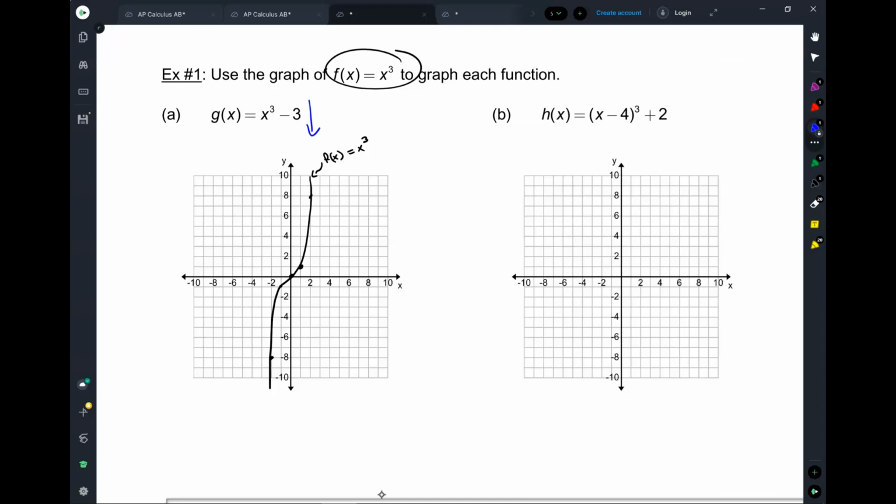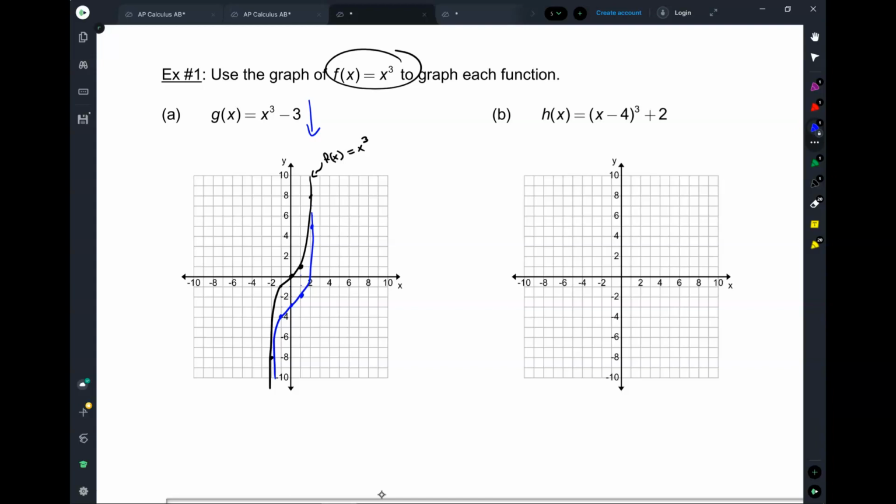This affects the y, not the x. If it was x minus 3 cubed, then it would have shifted. So that means each of these points are going to move down 3 units. So 1, 2, 3, 1, 2, 3, 1, 2, 3, and so on. Like this. Cool?